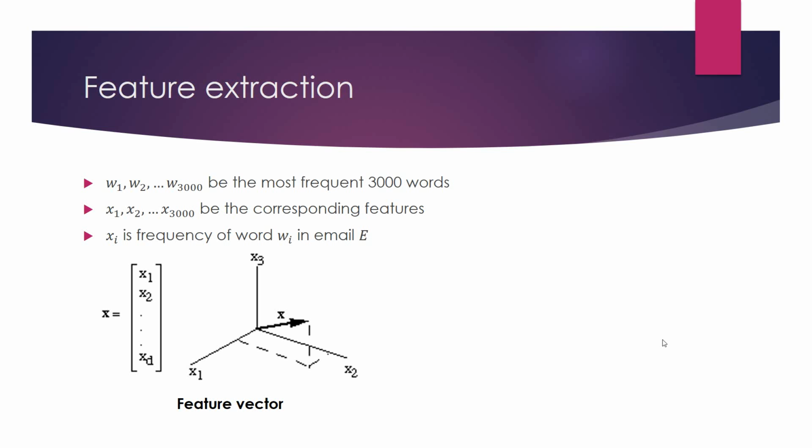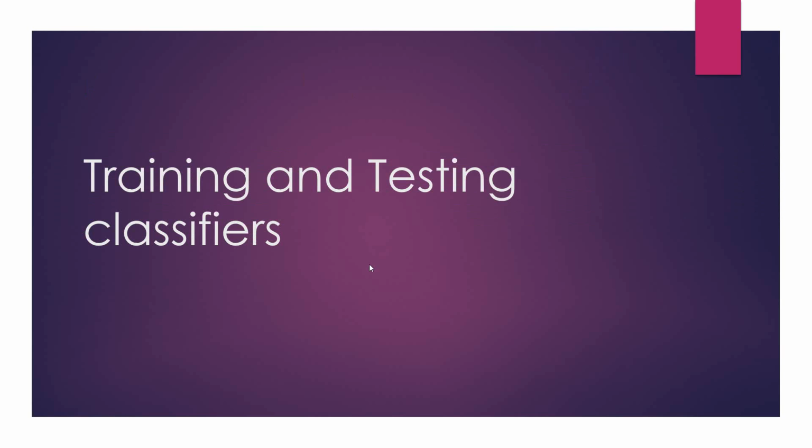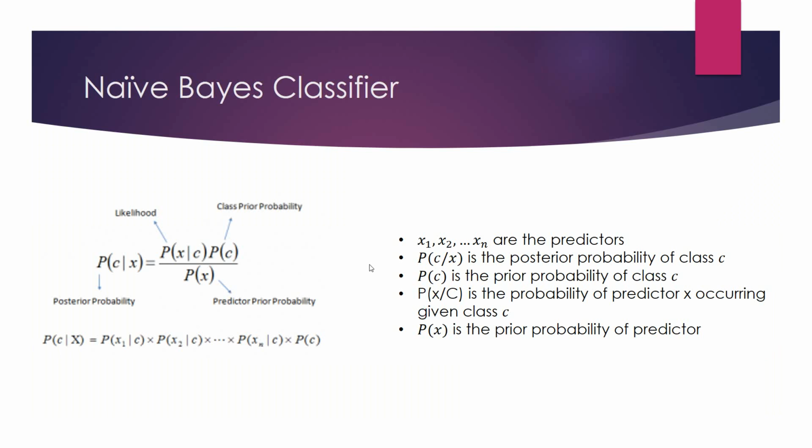If xi is the feature, then the value of xi, which corresponds to word wi, is the frequency of occurrence of that word in the particular email e. So this is about feature extraction, and if we continue further, then comes the training and testing of classifiers.